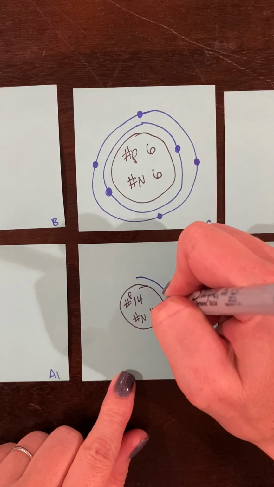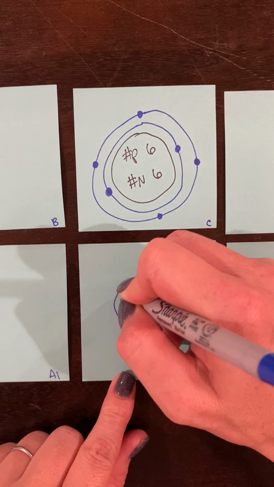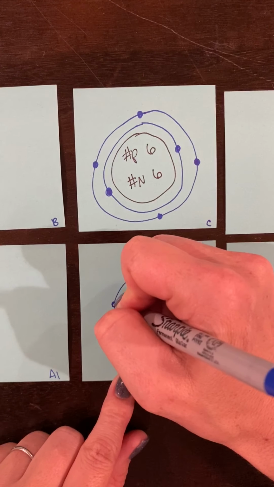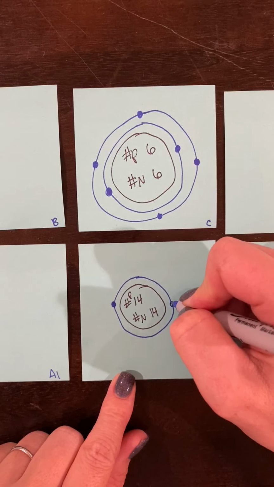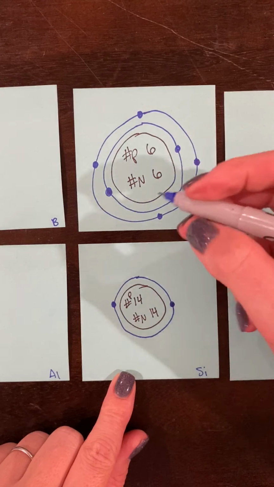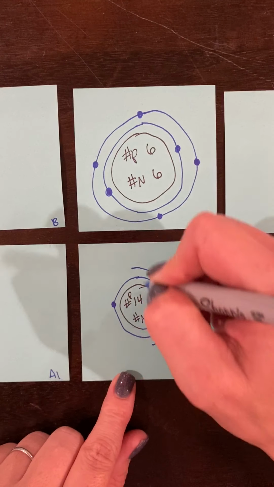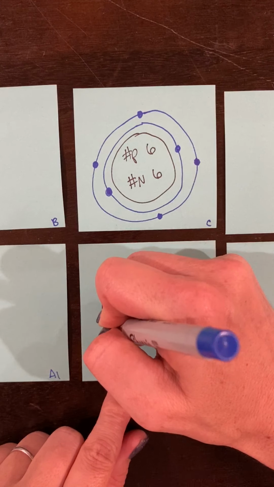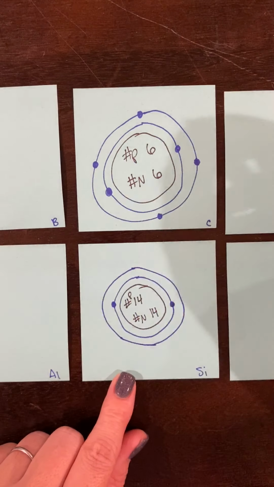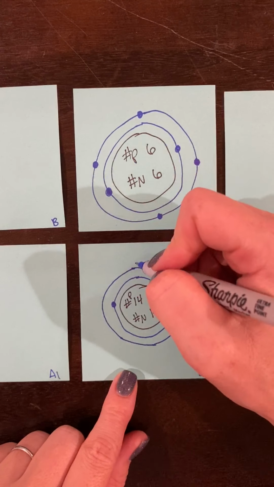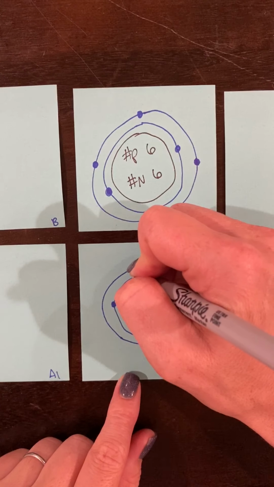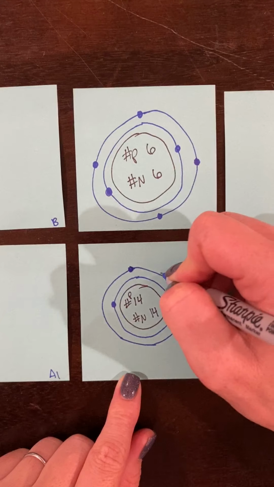So I'm going to draw my first electron shell, and I'm going to draw 2 electrons. I'm going to draw my second electron shell, and the second and subsequent shells are going to be full with 8.